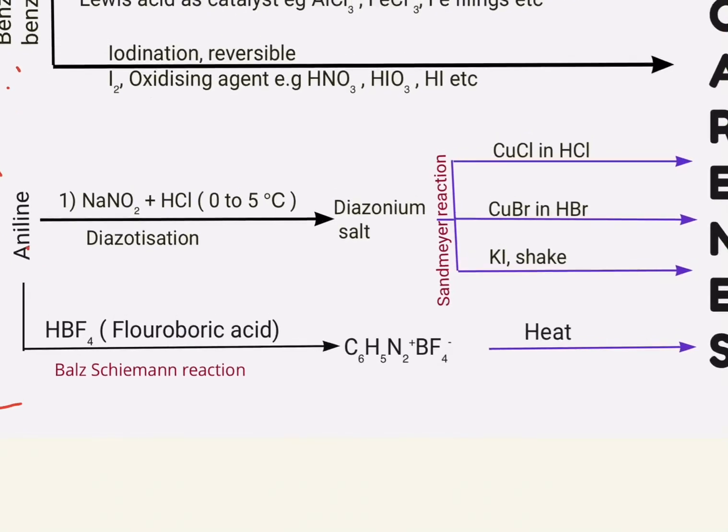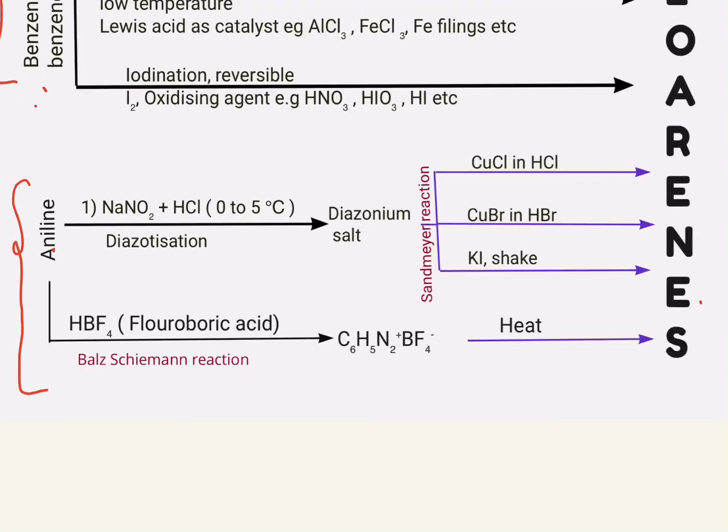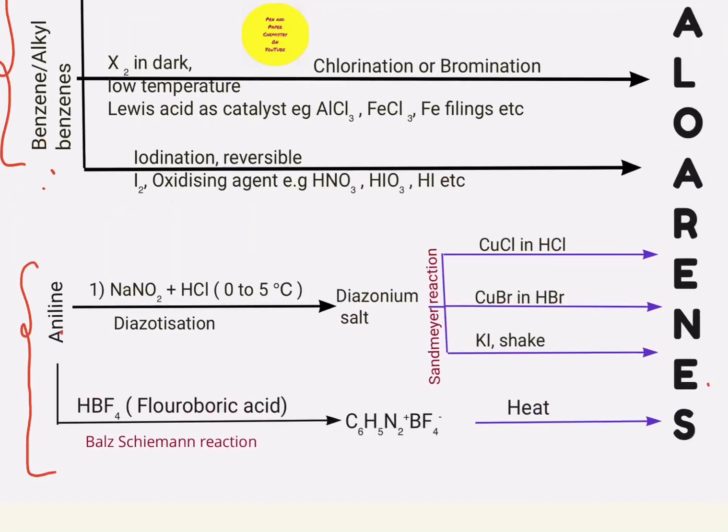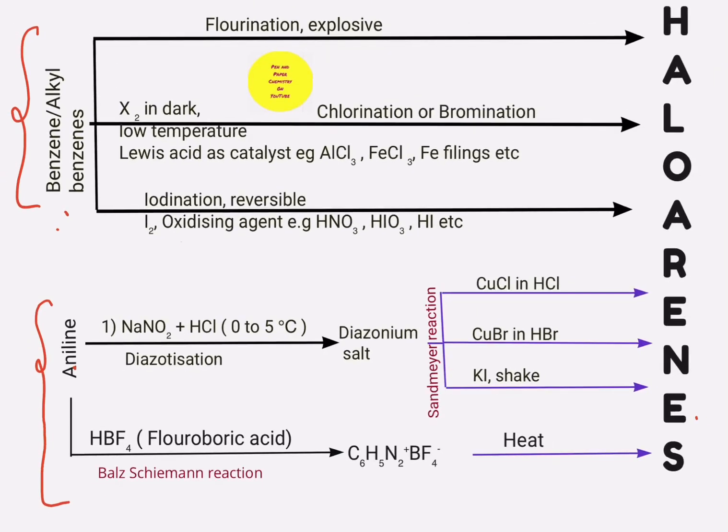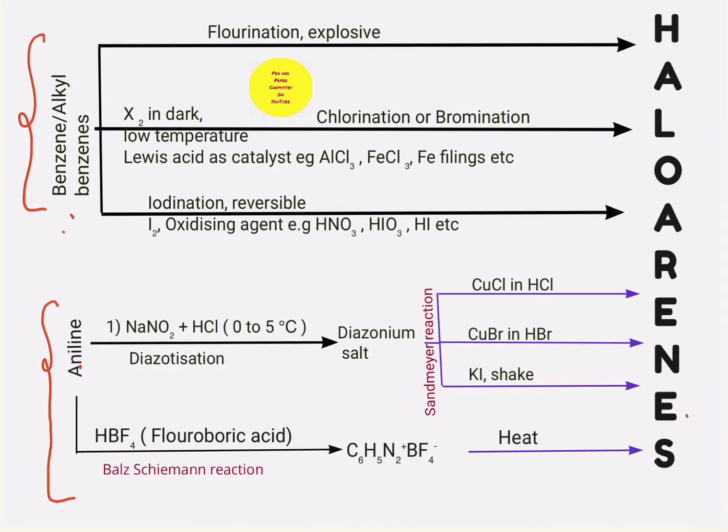And then this is it. So in this particular flow chart, we have covered only the preparation of haloarenes. You can also draw this on an A4 size sheet. And when we do the properties, you can do the properties like this. So you will have the preparation and properties all in one place.